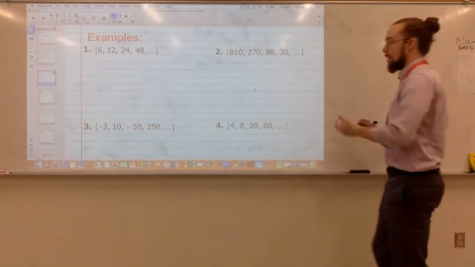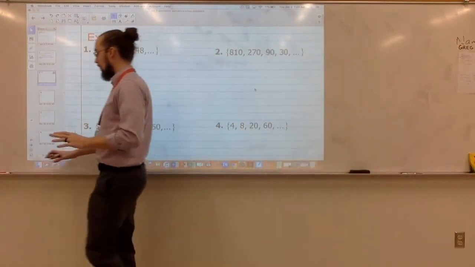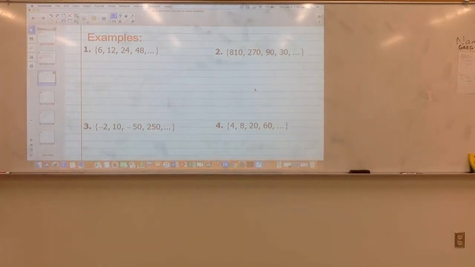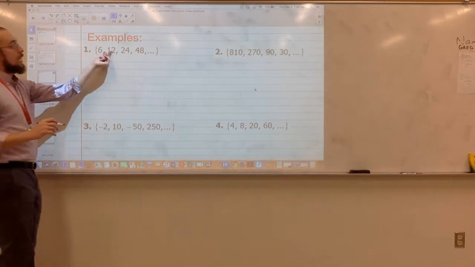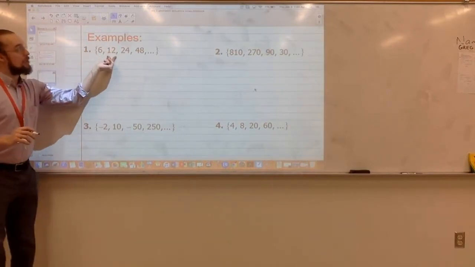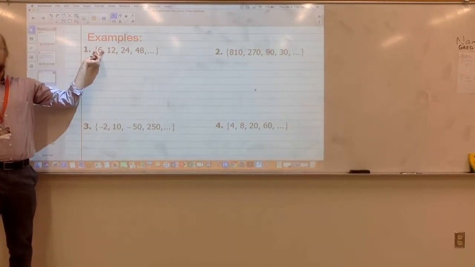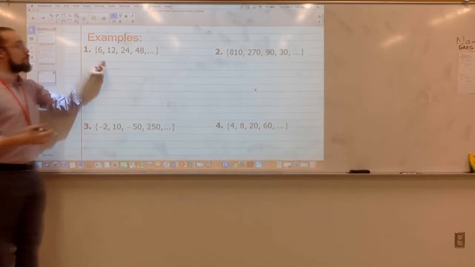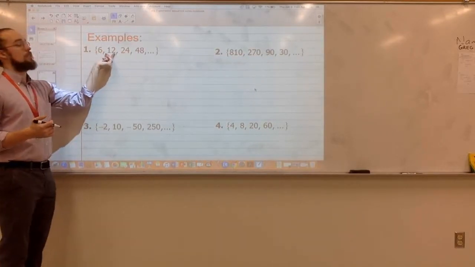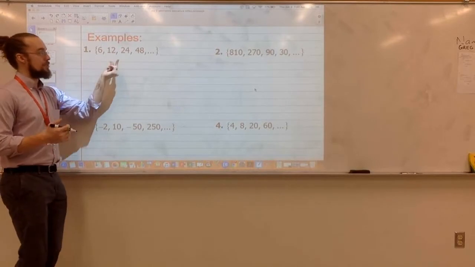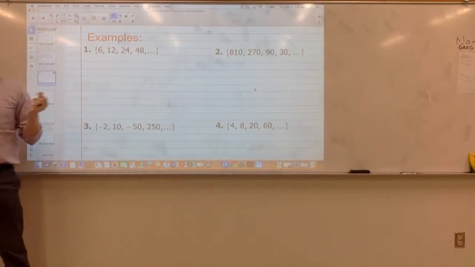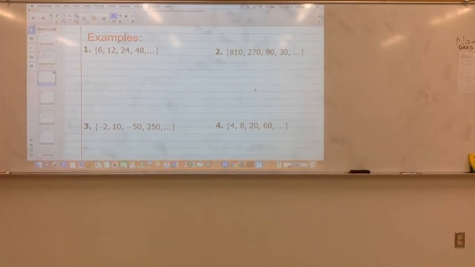The way that will work every single time is to see if a number divided by the number before it is equal to the next number divided by the number before it. That's how we determine the common ratio.